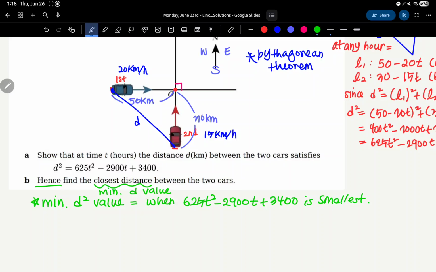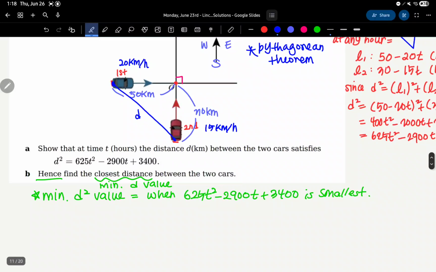It's gonna lead us to get the vertex form of the quadratic equation and get the minimum point. Exactly. So we're gonna do that right now. If I were to just organize it, it's going to look like d squared is equal to 625 parentheses t squared minus 2900 over 625t parentheses plus 3400.